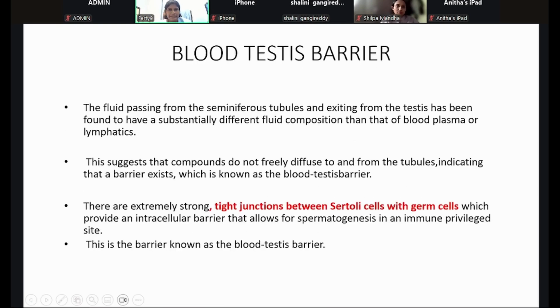So this is the blood testis barrier, which I have told. It is a junction between the Sertoli cells, germ cells, spermatogonia, along with the nearby supporting cells and fibrous tissues. This is very important because this prevents the sperm from being exposed to the immune system.